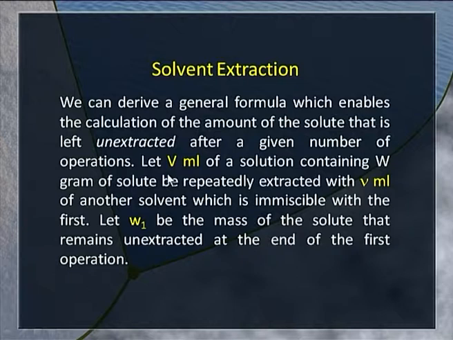Let us take V ml of a solution containing W gram of the solute, and we extract it with small aliquots of small v ml of another solvent which is immiscible with the original solvent. While doing so, let W1 be the mass of the solute that remains unextracted at the end of the first operation.